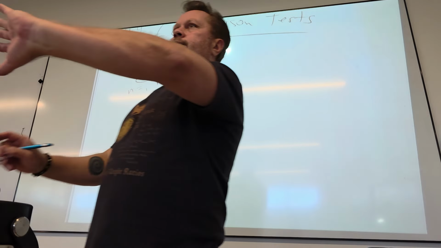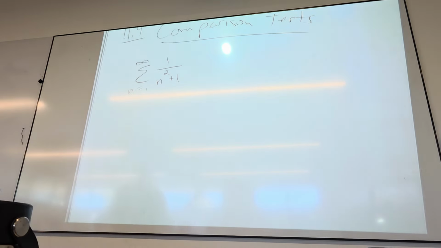At this moment, this is not a p-series. Why is this not a p-series? Because of the plus 1, I can't put it in the form 1 over n to the p. But it's only off from a p-series because of the plus 1, yes?